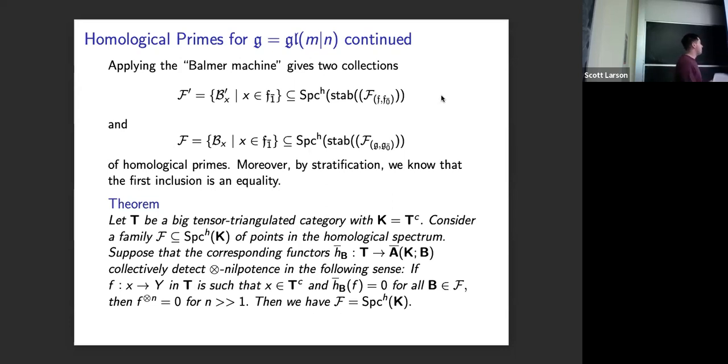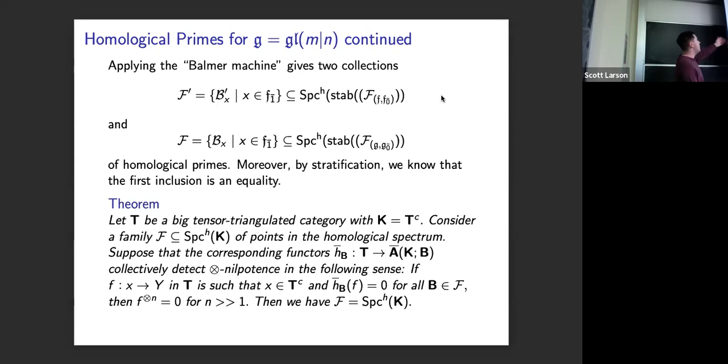This is the corollary that I had before. From stratification, coupled with some other work of Balmer, we get for free that this first inclusion is an equality. So we actually get all the homological primes, but we already knew that because we just said that nerves of steel held.